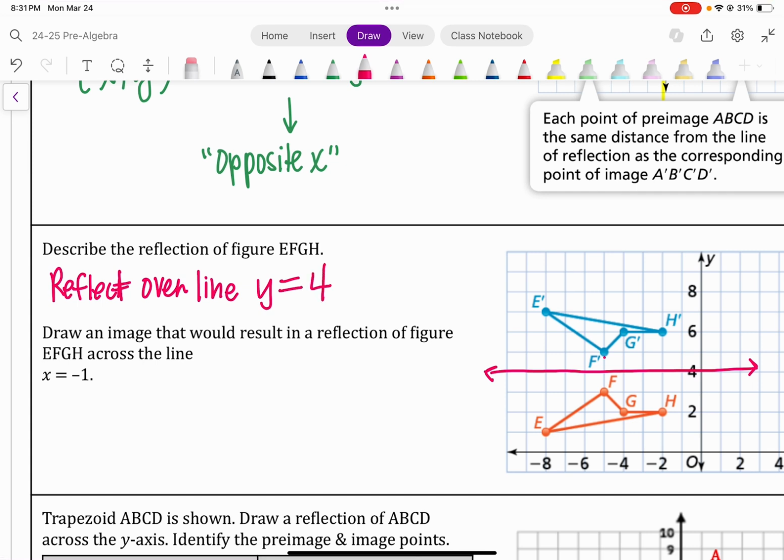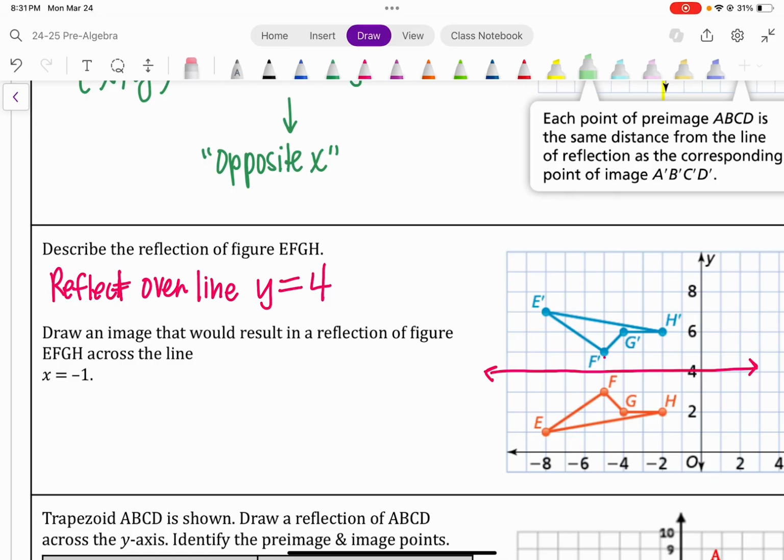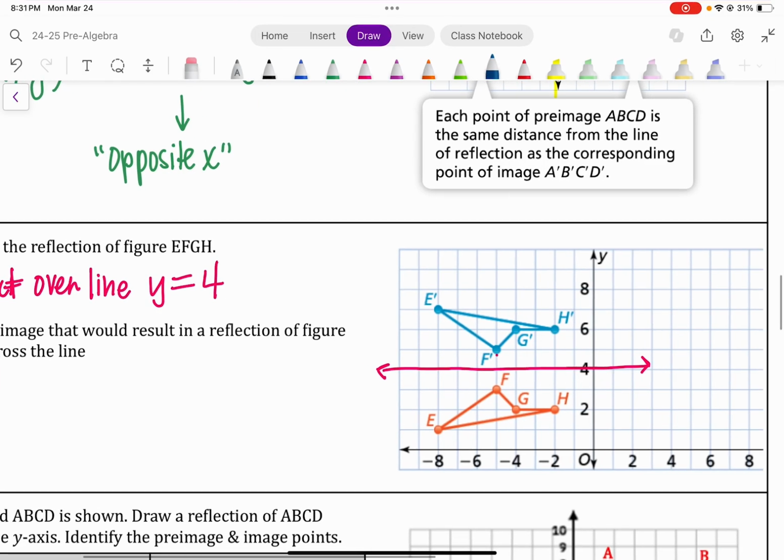The next one says, draw an image that would result in a reflection of figure EFG across the line x equals negative 1. Okay, so that's a new line of reflection where x is negative 1.